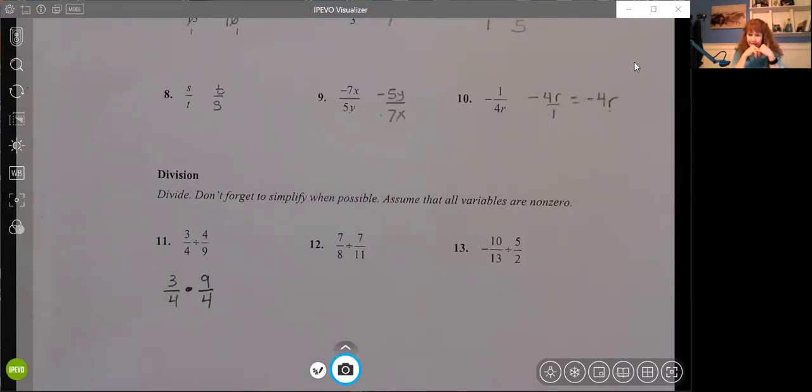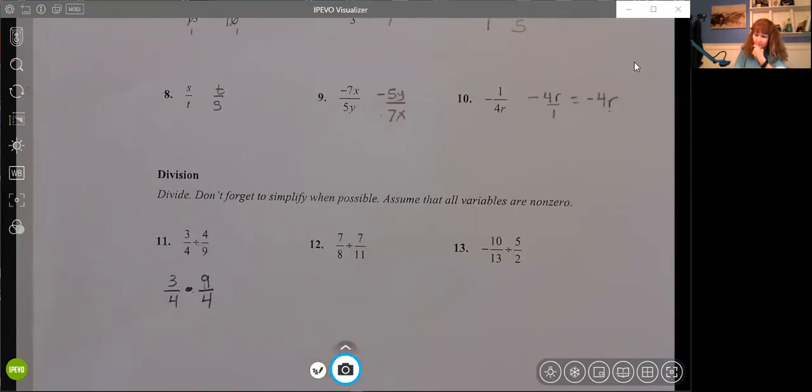We say that we usually take the multiplicative inverse, or the reciprocal, and multiply. But an easy way to remember this is copy dot flip. Rather than say reciprocal, it's flip, which means the same thing.